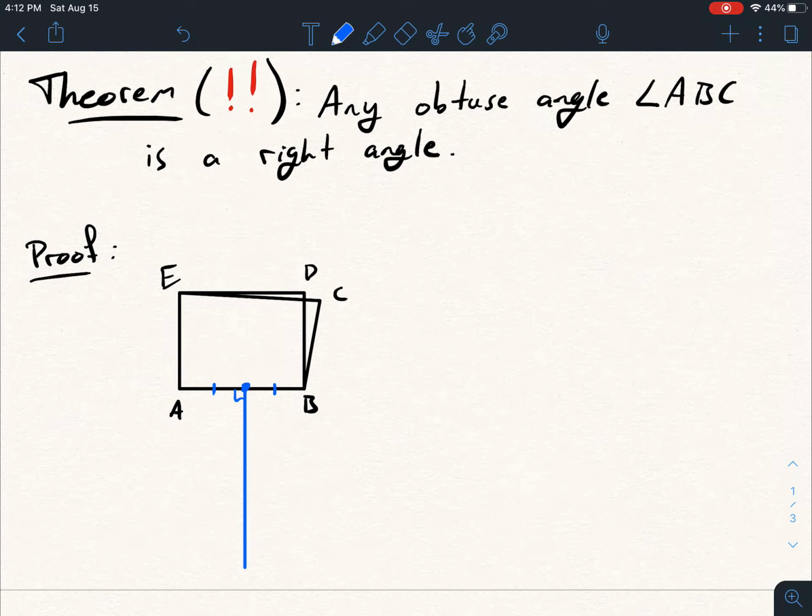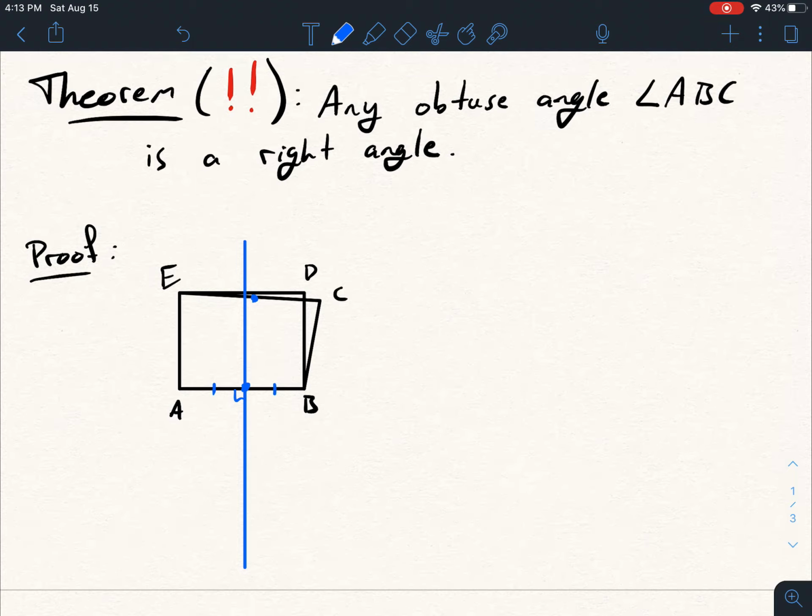All right, so I drew the perpendicular bisector to AB. I'm also going to draw one to EC. So EC is a little bit wider than AB is going to be. So if I were to extend the perpendicular bisector to AB upwards, then the point of intersection of the perpendicular bisector to EC with EC would be a little bit to the right of that line right there.